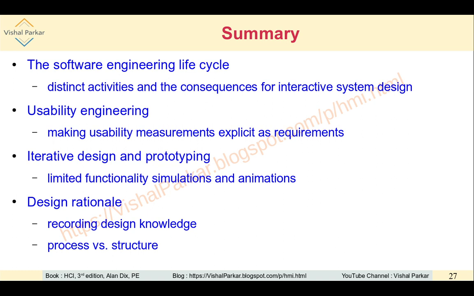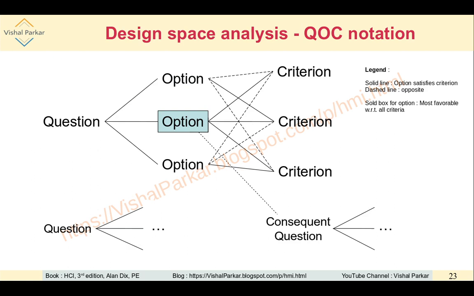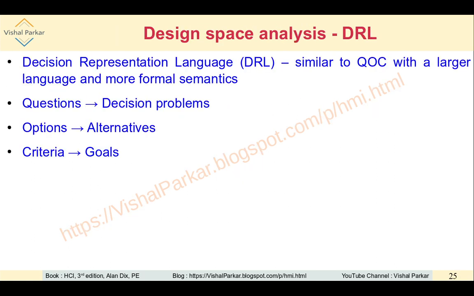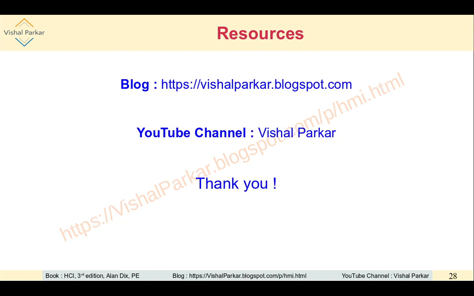For example, here we have seen the QOC notation and DRL. So that's a modification of those things. We have seen the different types of design rationale, what is called the process and the structure oriented design rationale.